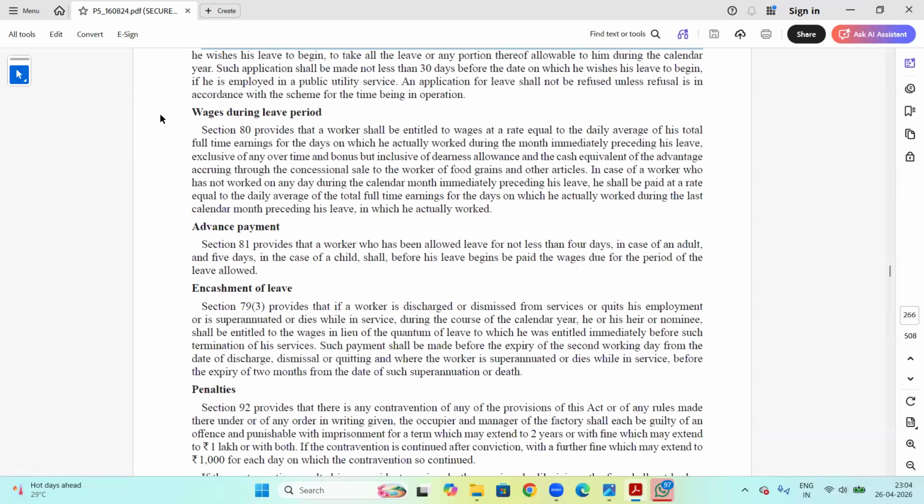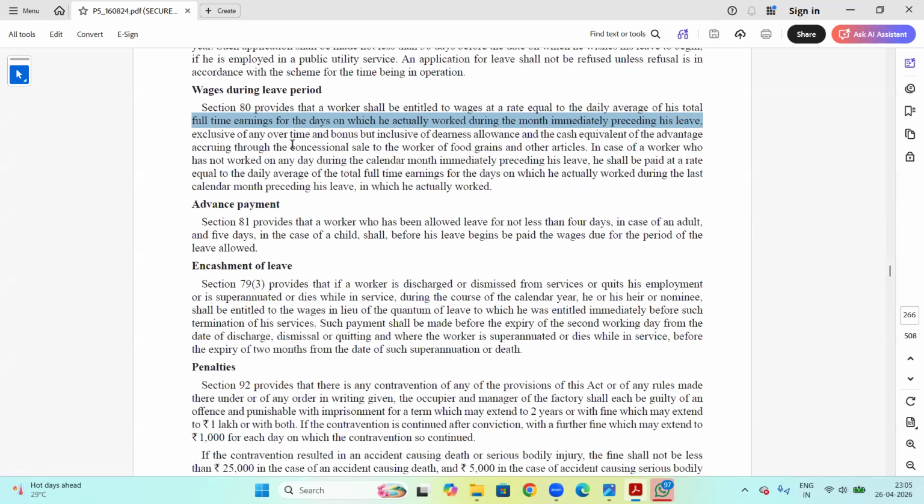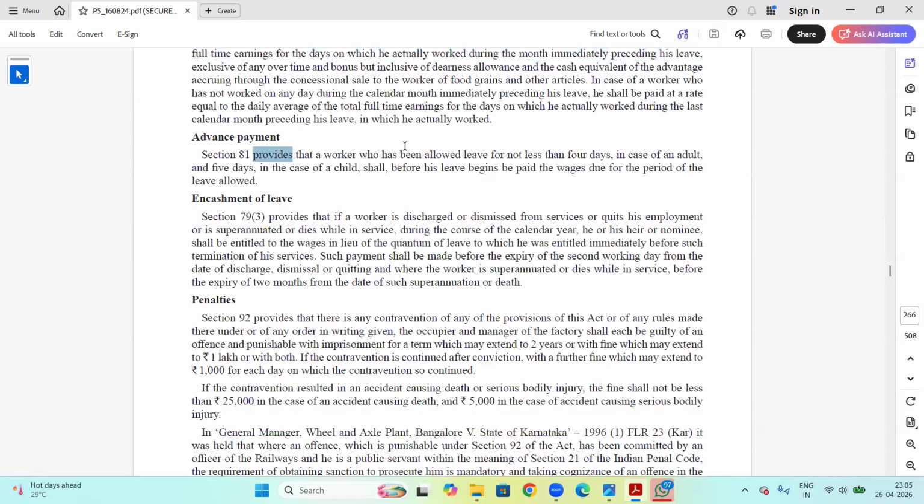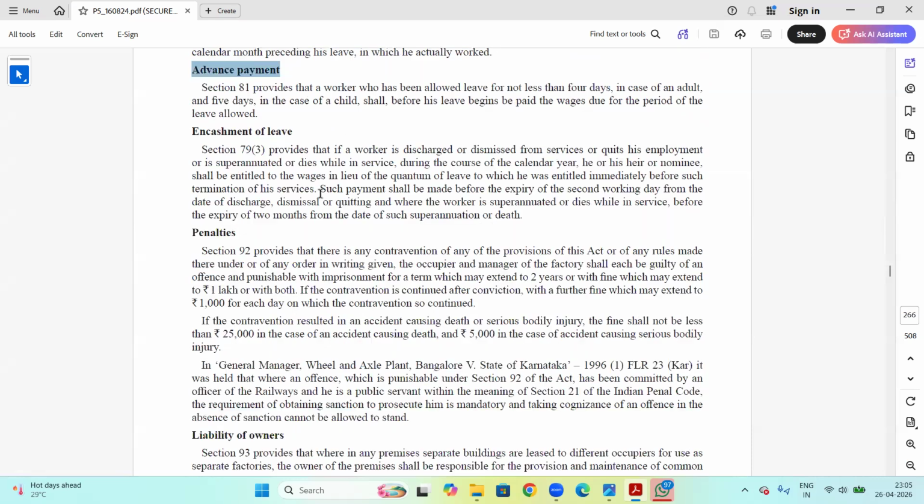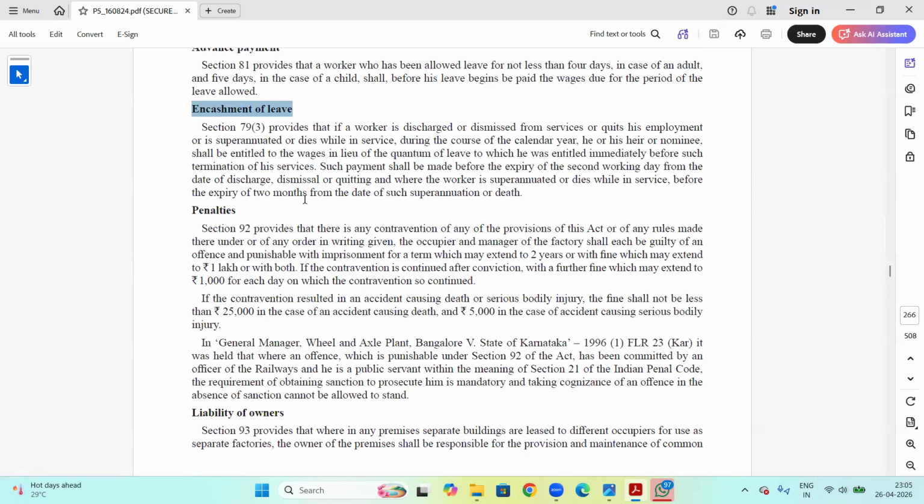Conditions are mentioned. During leave, wages shall be provided if it is coming under the limit. If leave is not less than 4 days, advance payment of wages shall be given. If a person is in death, superannuation, or something, you should provide that person encashment within the second day of the end of the work.